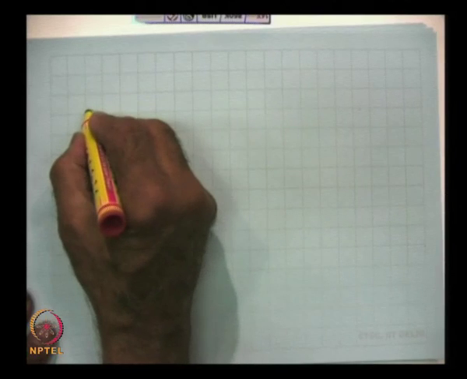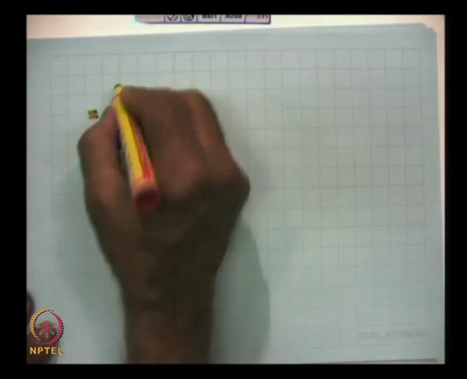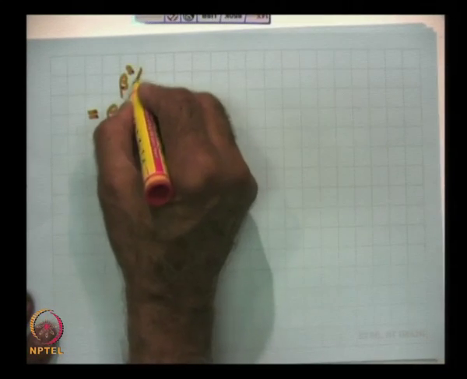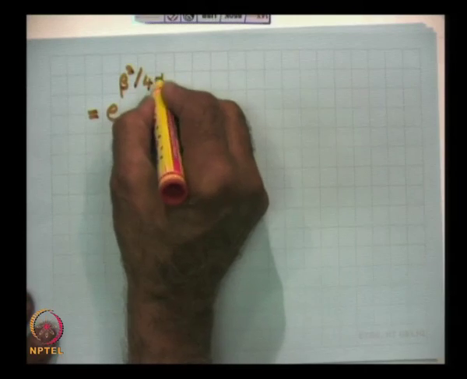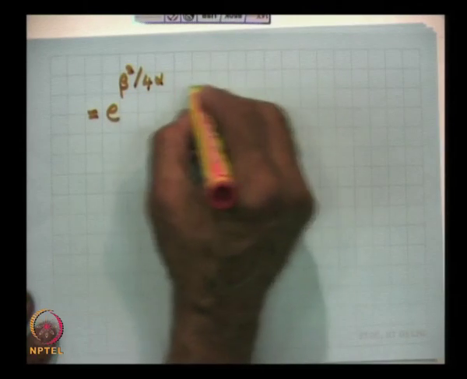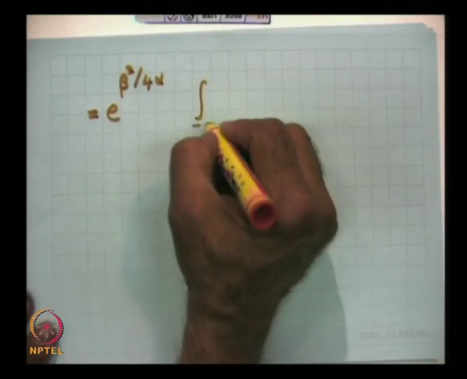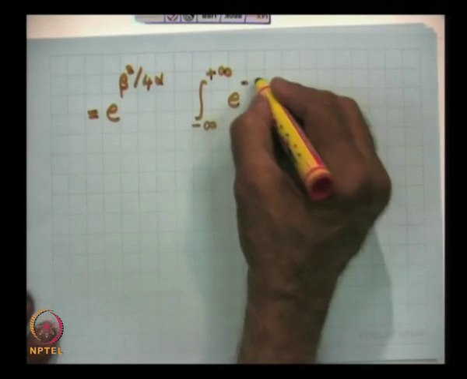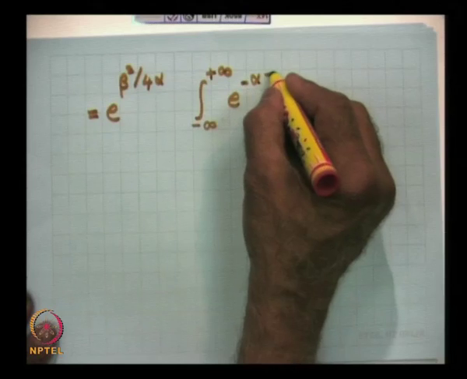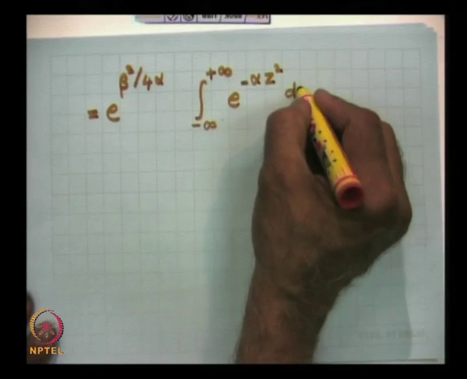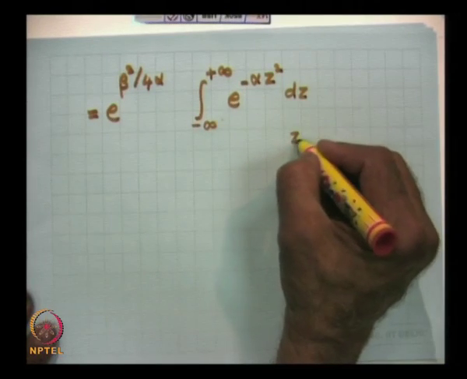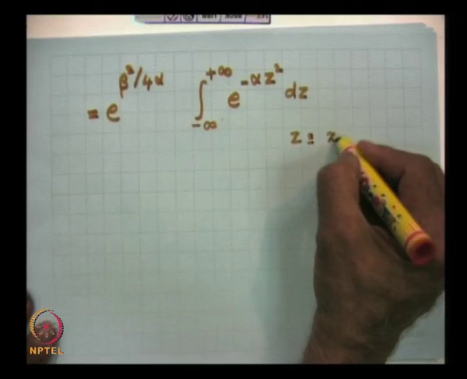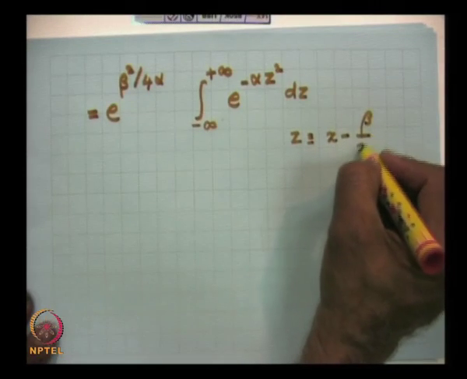So, I find that this integral becomes e to the power of beta square by 4 alpha and the integral from minus infinity to plus infinity e to the power of minus alpha z square into dz, where z is defined to be equal to x minus beta by 2 alpha.